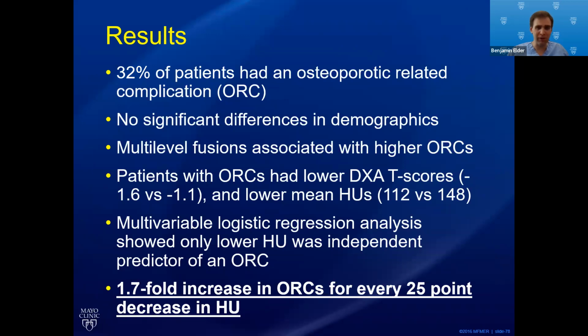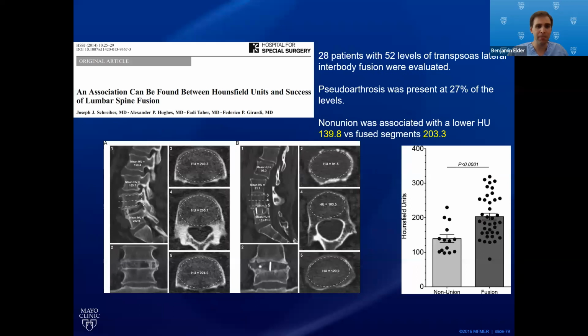And as expected, multi-level fusions were associated with more complications. But the multivariable regression analysis showed that only lower Hounsfield units was an independent predictor of osteoporosis-related complications. So again, osteopenia versus osteoporosis did not make as much of a difference. It was really the Hounsfield. And for every 25-point decrease in Hounsfield units, there was a 1.7-fold increase in complications.